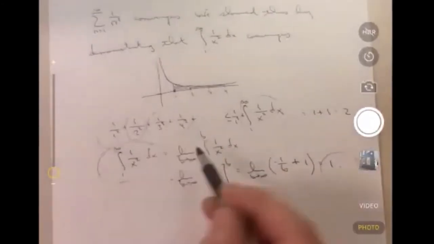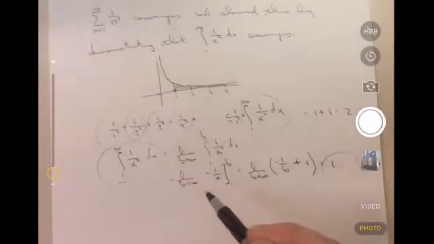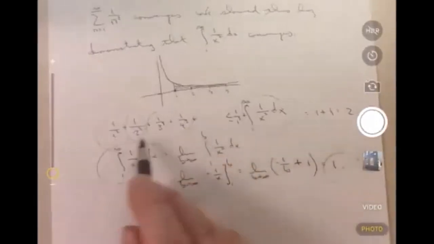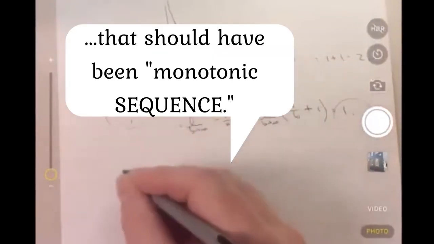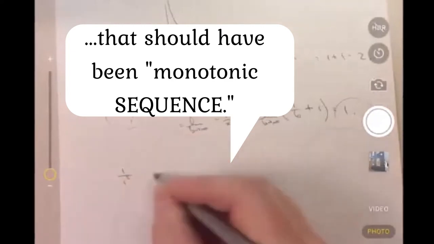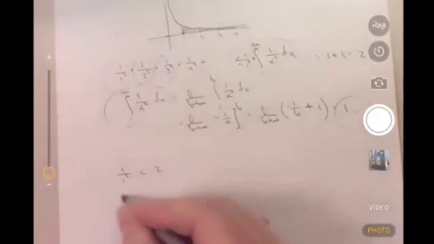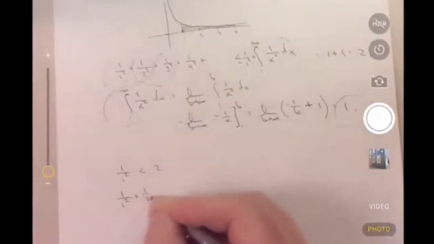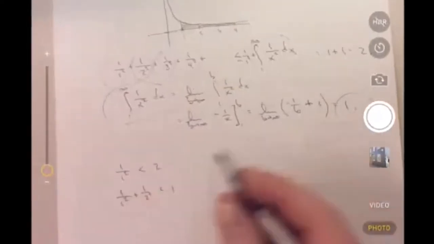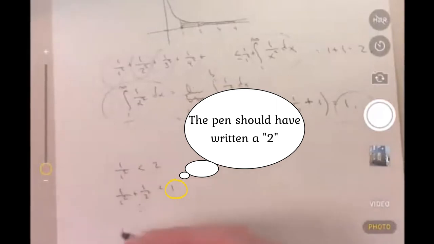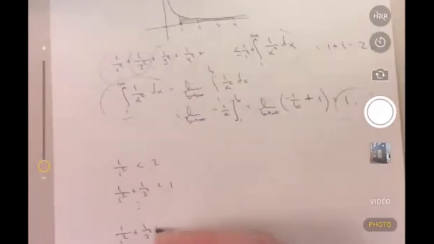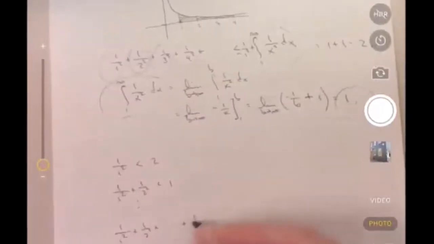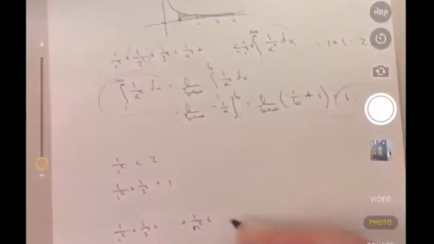So every partial sum is less than 2, and these partial sums form a monotonic sequence, right? The nth partial sum, 1 over 1 squared plus 1 over 2 squared plus all the way up to 1 over n squared, is less than 2.